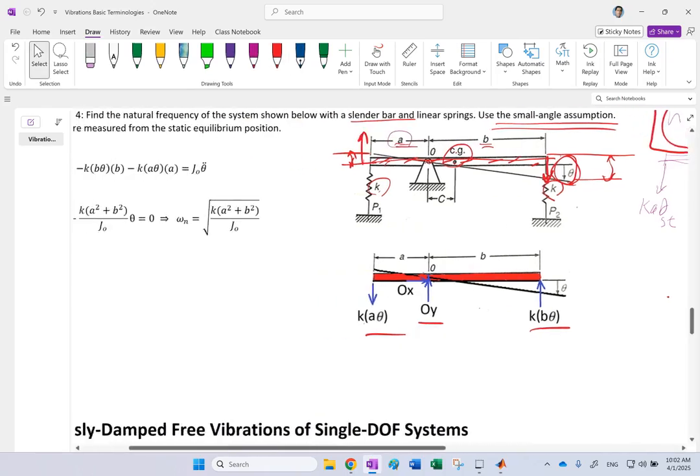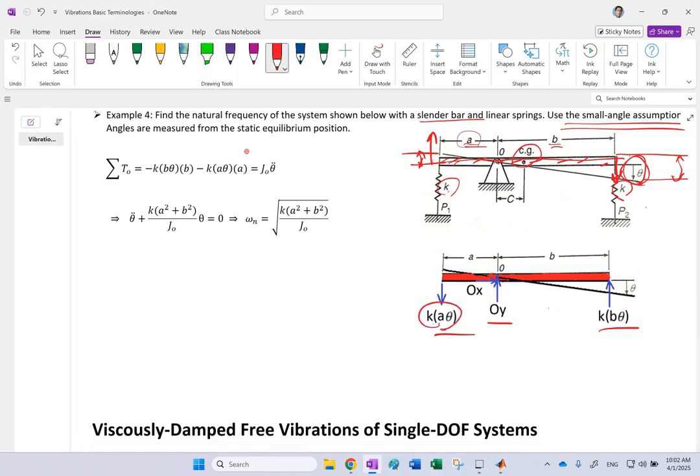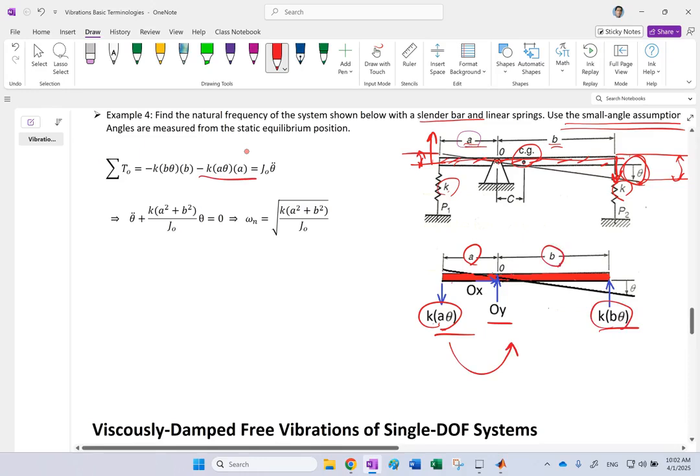So now, if I take the sum of the moments about O, this force is multiplied by its distance, and since theta is clockwise, this force is creating a counterclockwise moment, so it's negative. This force, K_B theta, is multiplied by this distance B, and it's also counterclockwise, so that is also negative, equals polar moment of inertia J times theta double dot.